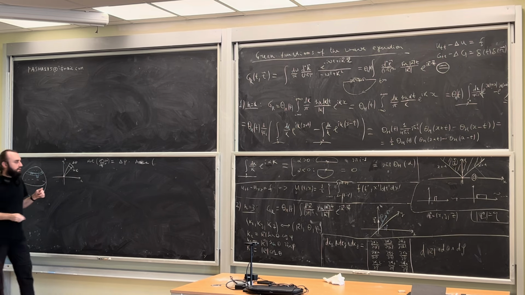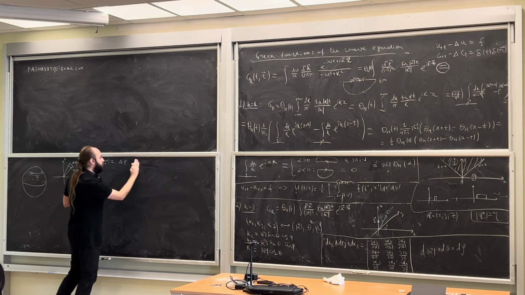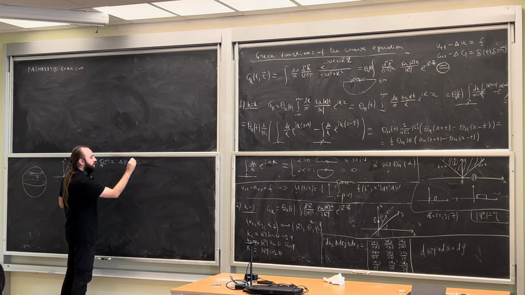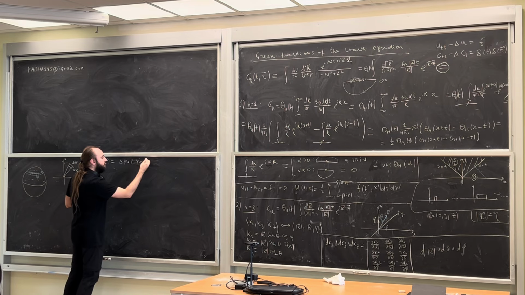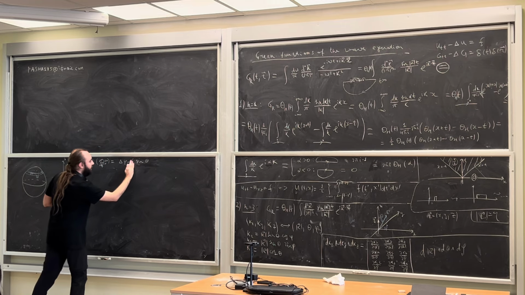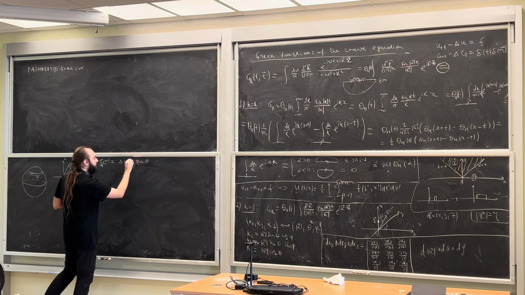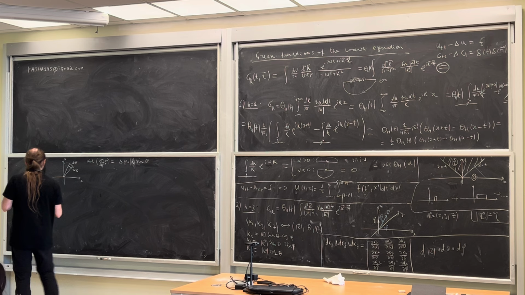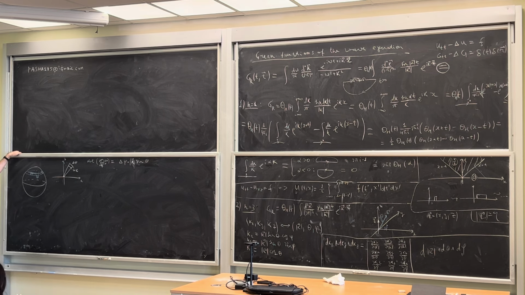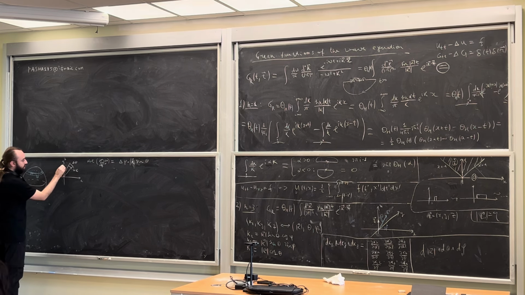And this radius is equal to what? It is k sine of theta, absolute value of k sine of theta, because it is this distance.